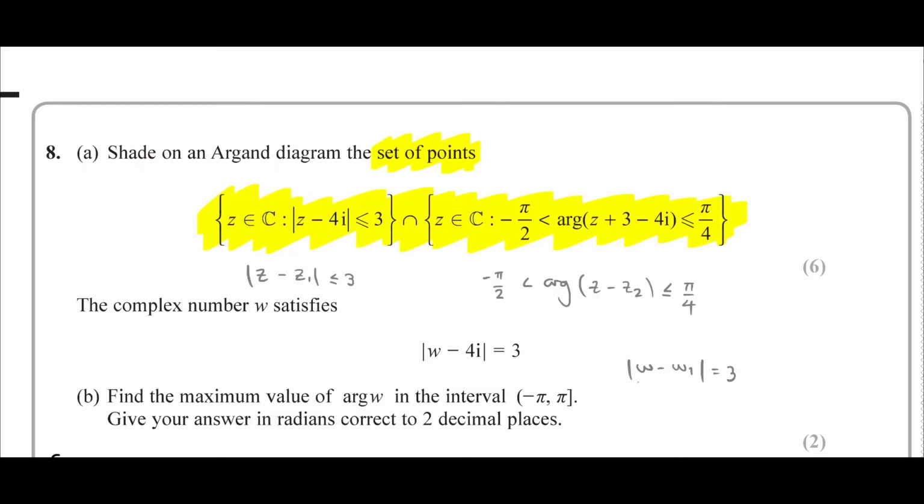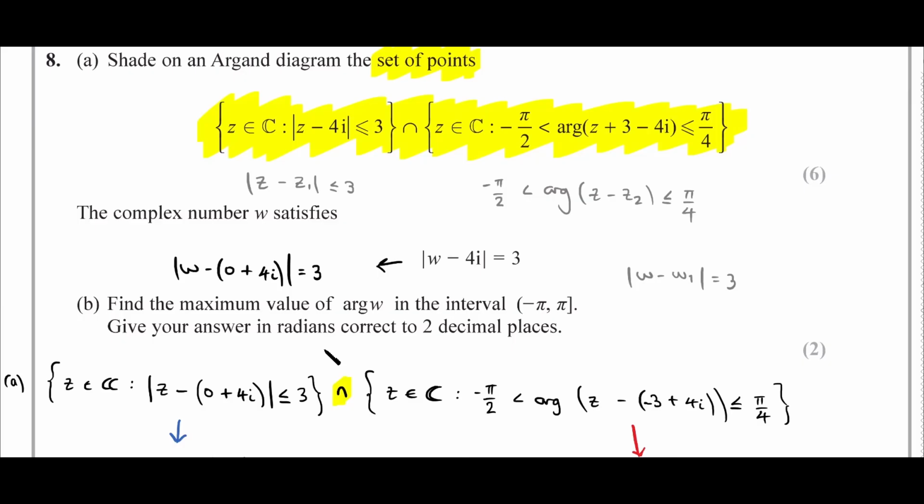So w minus 4i is the same as w minus 0 plus 4i. Essentially, as before, we have a circle with center 0, 4 and radius 3. It's essentially the same circle we had over here, and I've drawn that over here.